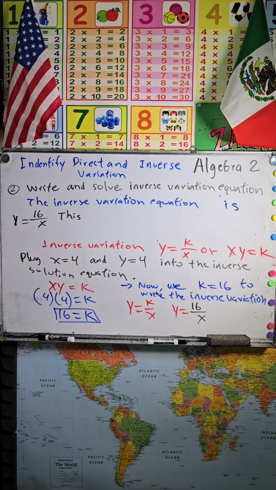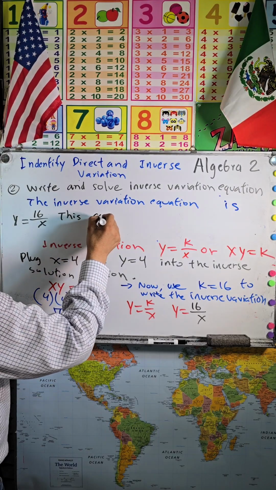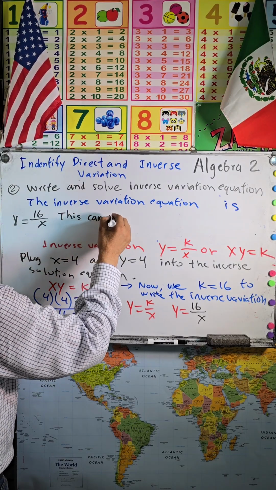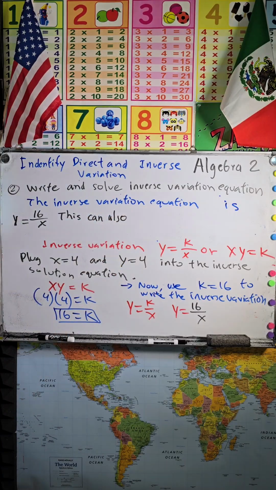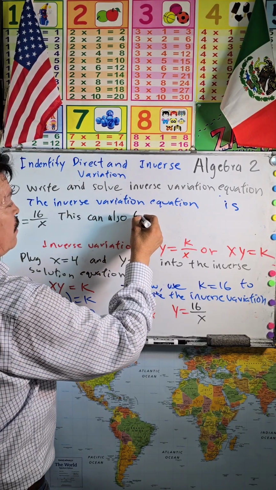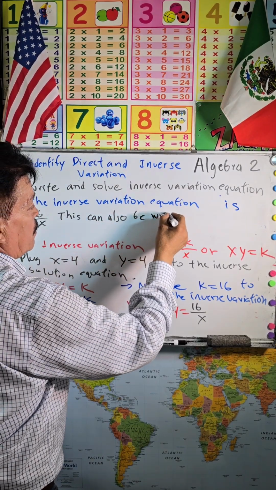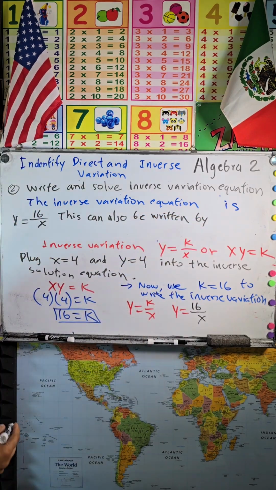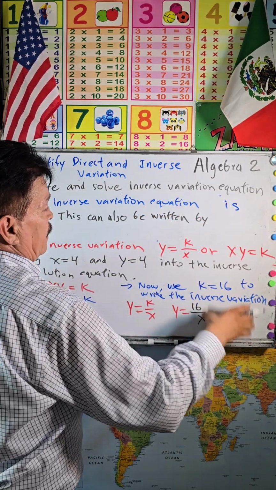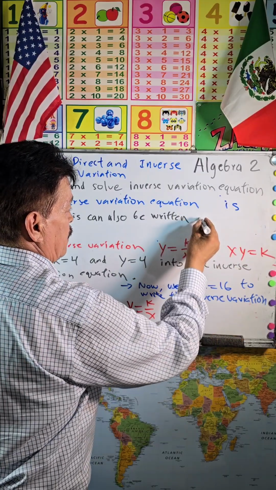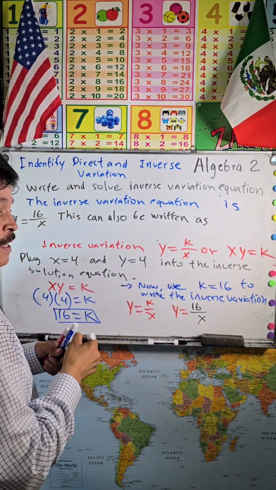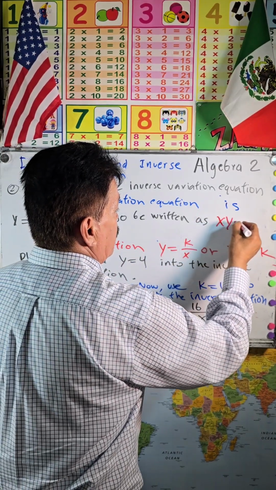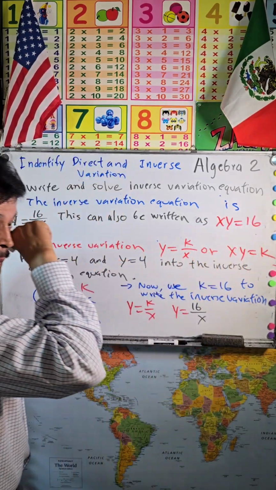This can also be written as x y equals 16, right?